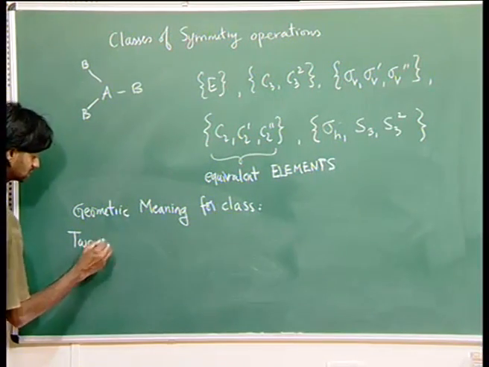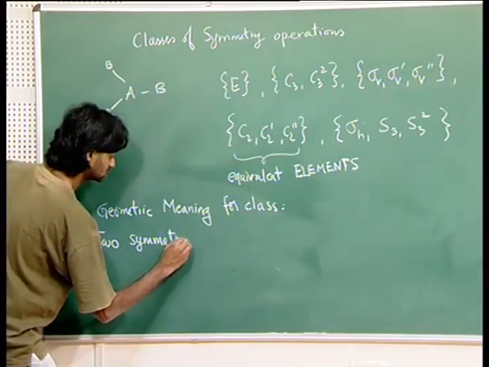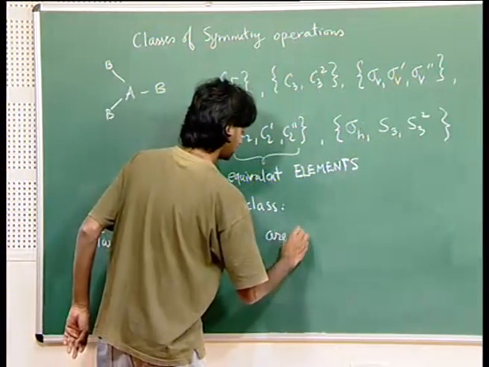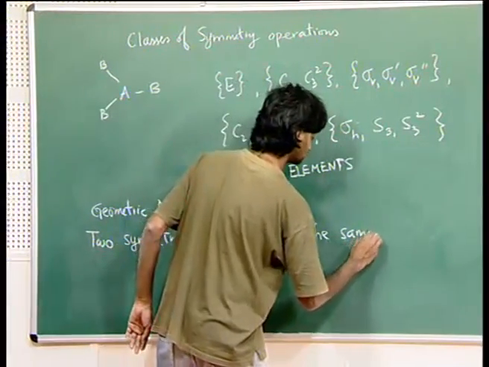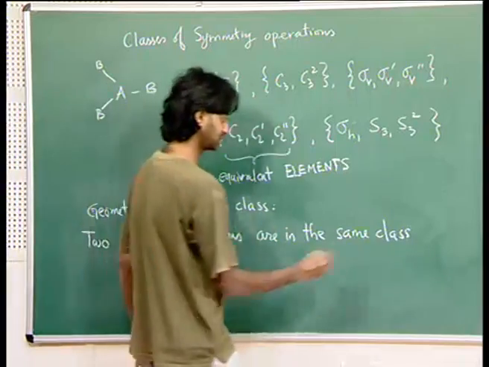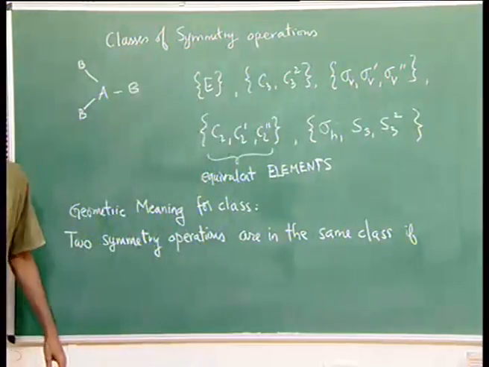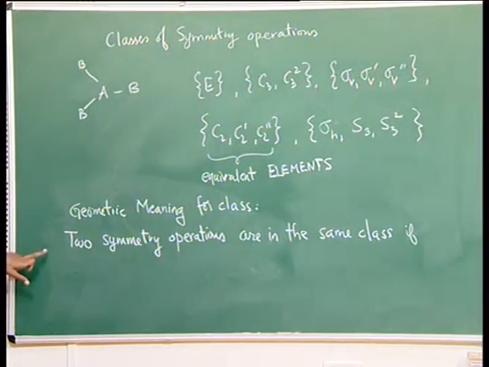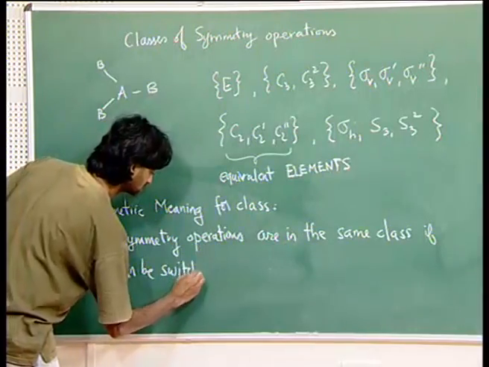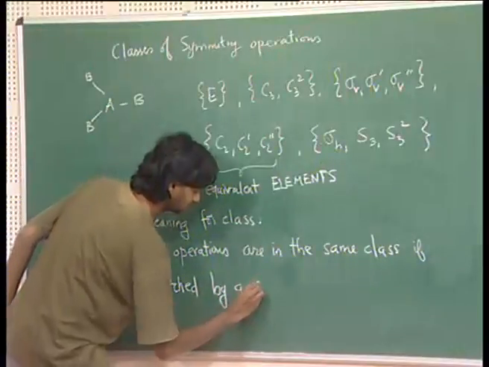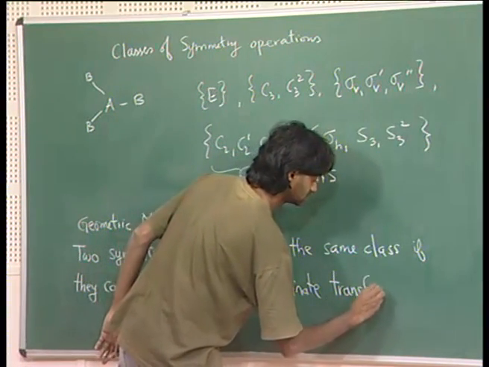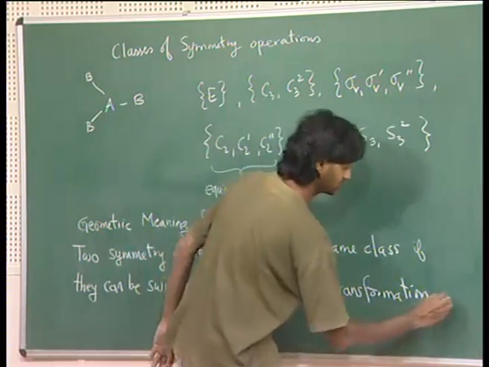We say that two symmetry operations are in the same class if they can be switched by a coordinate transformation involving a symmetry element.